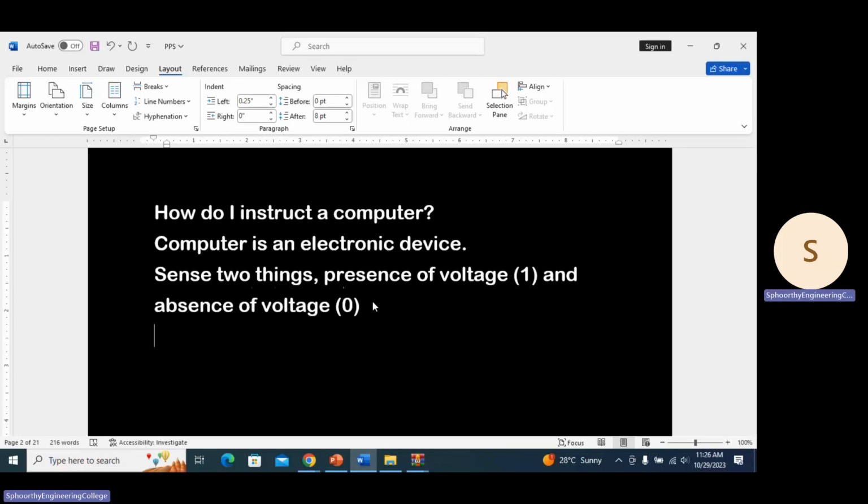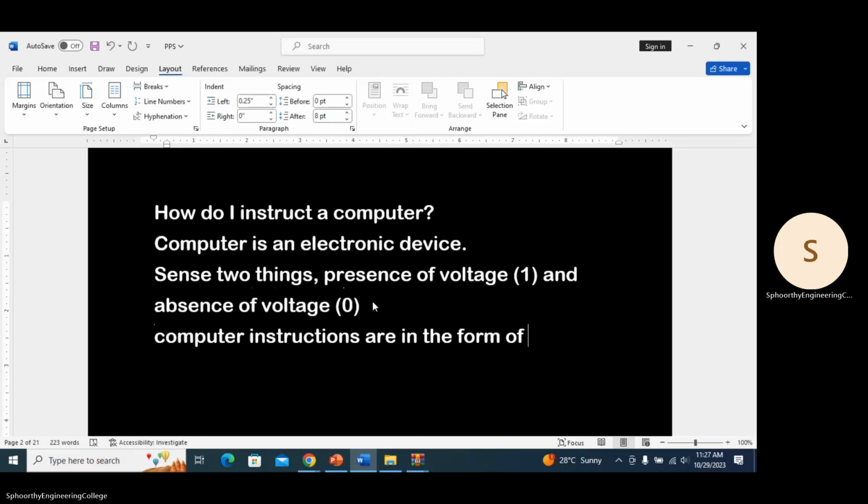So what will a computer understand? A computer will understand instructions which are in the form of ones and zeros, which we call binary instructions.